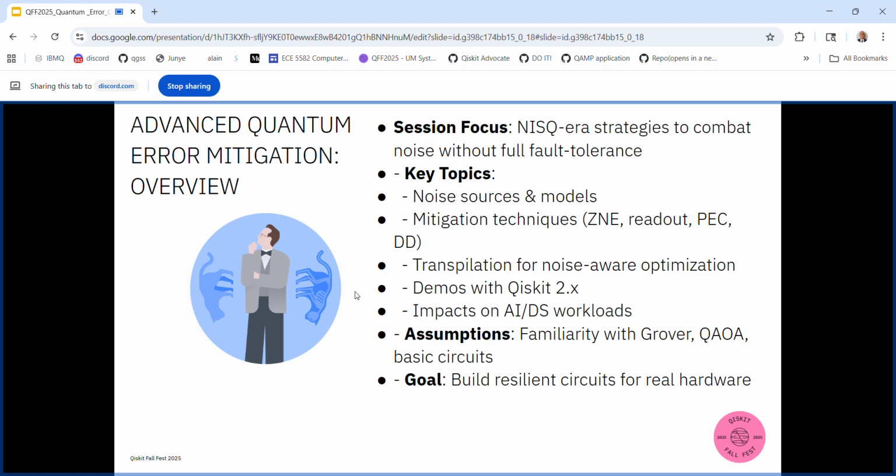We'll also talk about the impacts that this noise has on AI and DS workloads. And then after we discuss these aspects, we're going to go into actual true error correction. So this is things like toric codes or bicycle codes and other methods where we allow the qubits to correct each other.